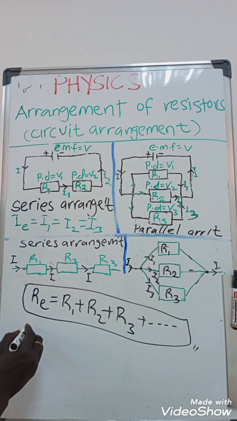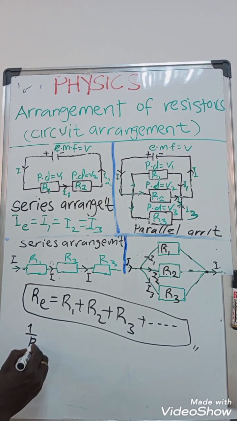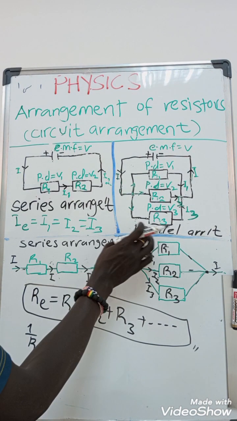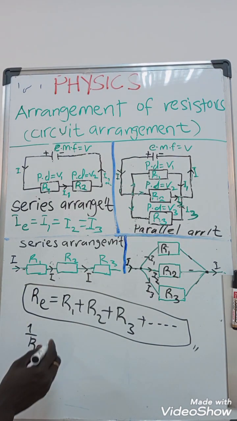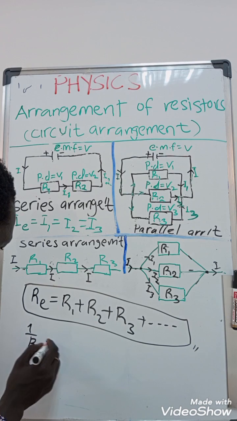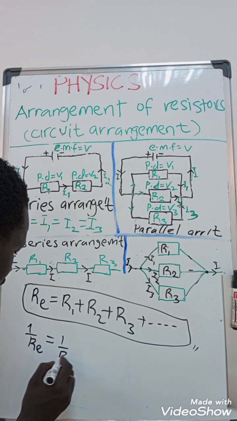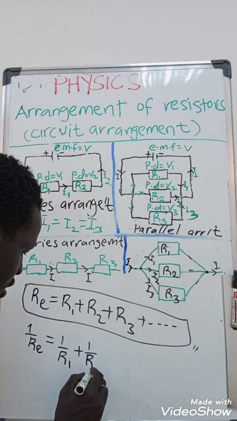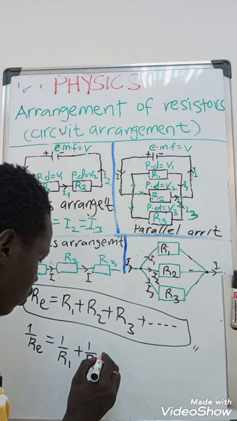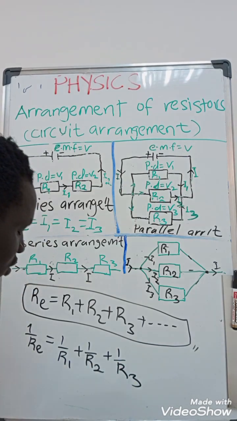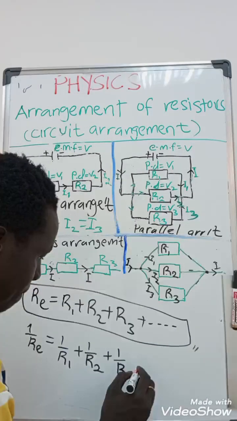Equation 2, the reciprocal of effective resistance. This is the equation of parallel arrangement. The reciprocal of R_E is equal to the reciprocal of R1 plus the reciprocal of resistor 2 plus the reciprocal of resistor 3, and so on.